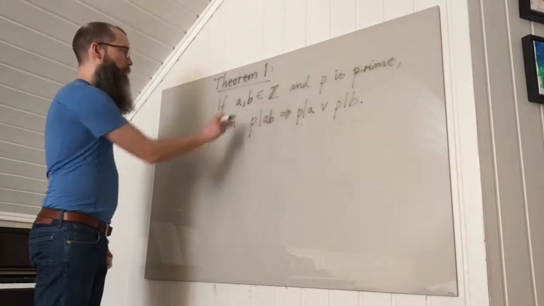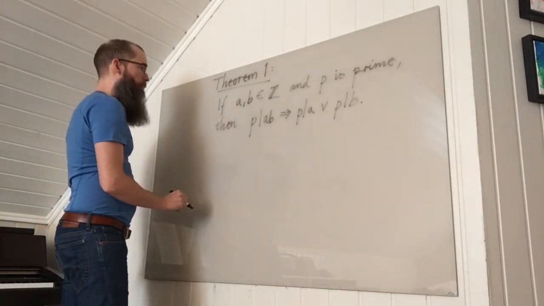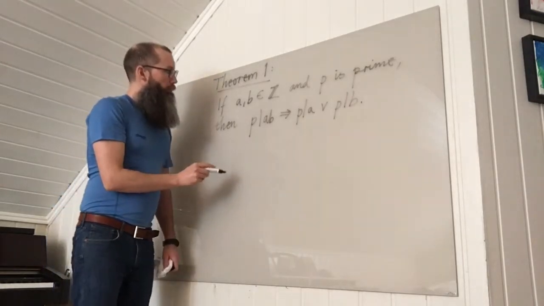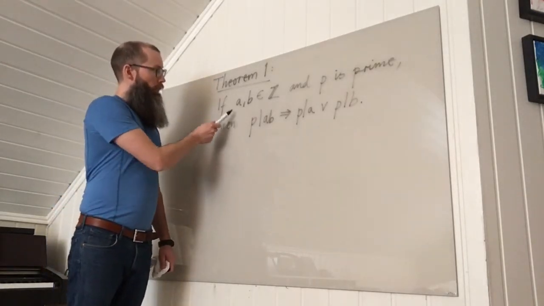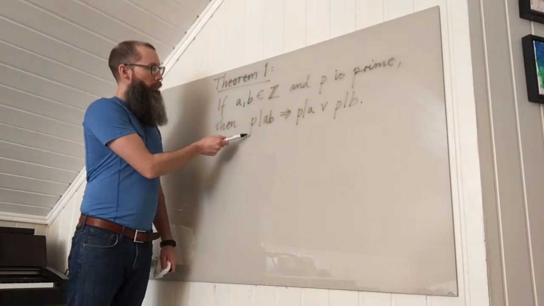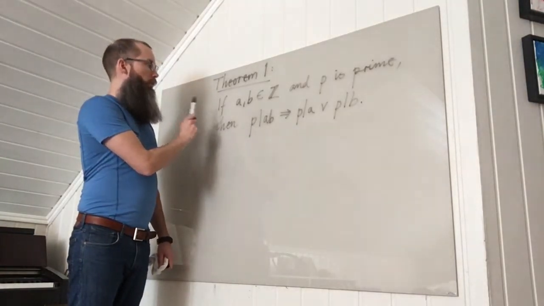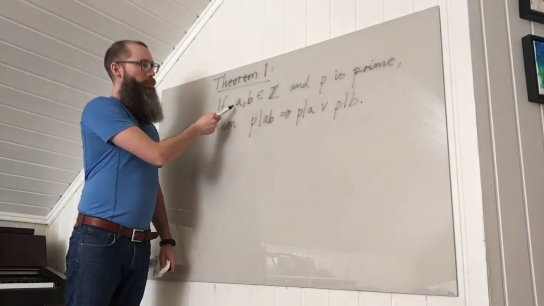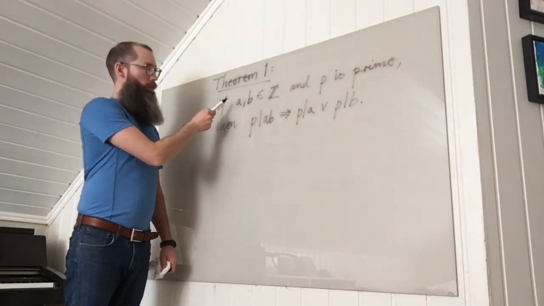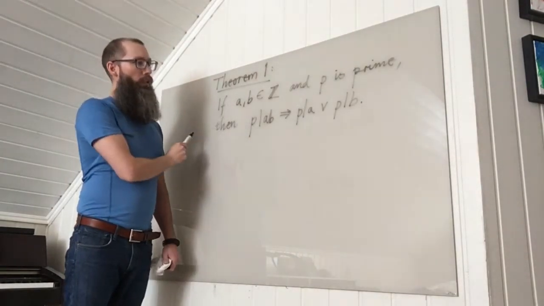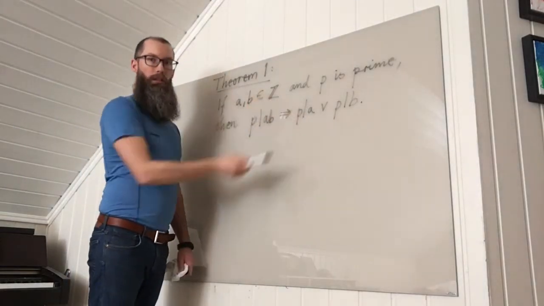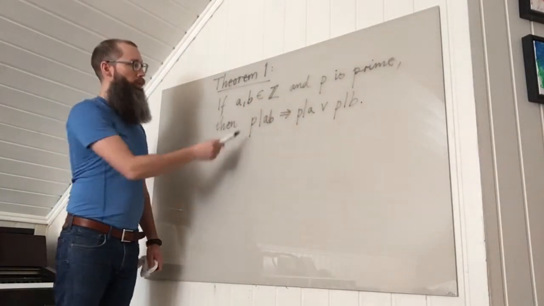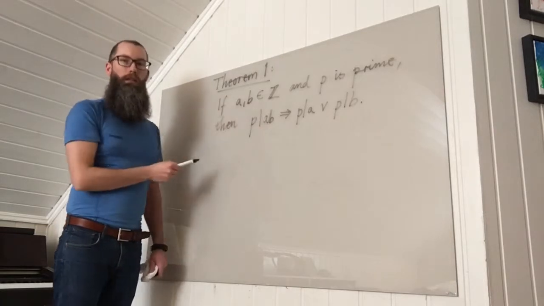So what if a and b are both non-zero? Well, since p is a prime, p either divides a or does not. If p divides a, well then this is true and we're done. So suppose p divides the product but does not divide a.